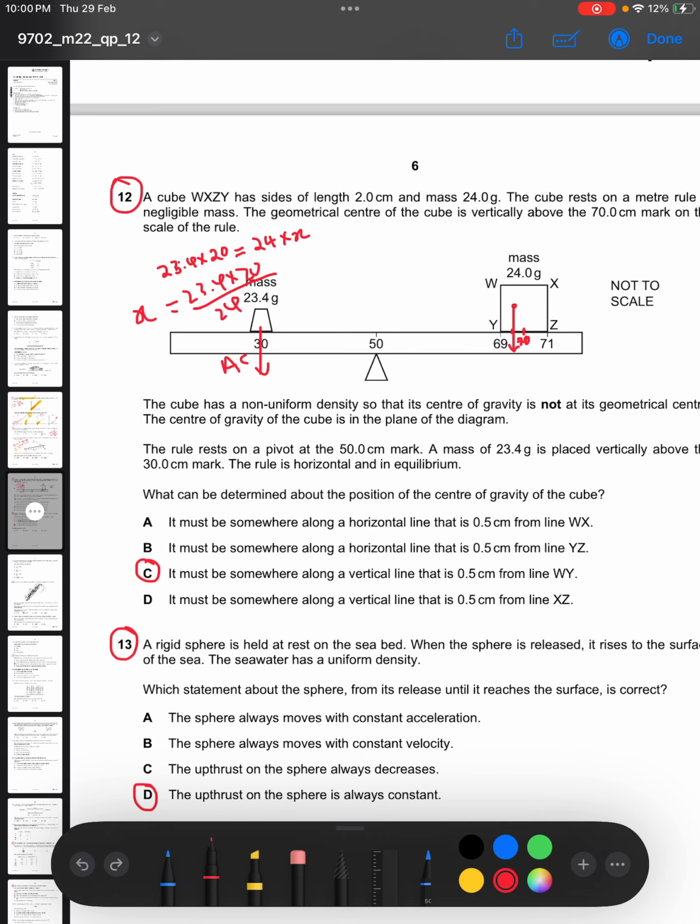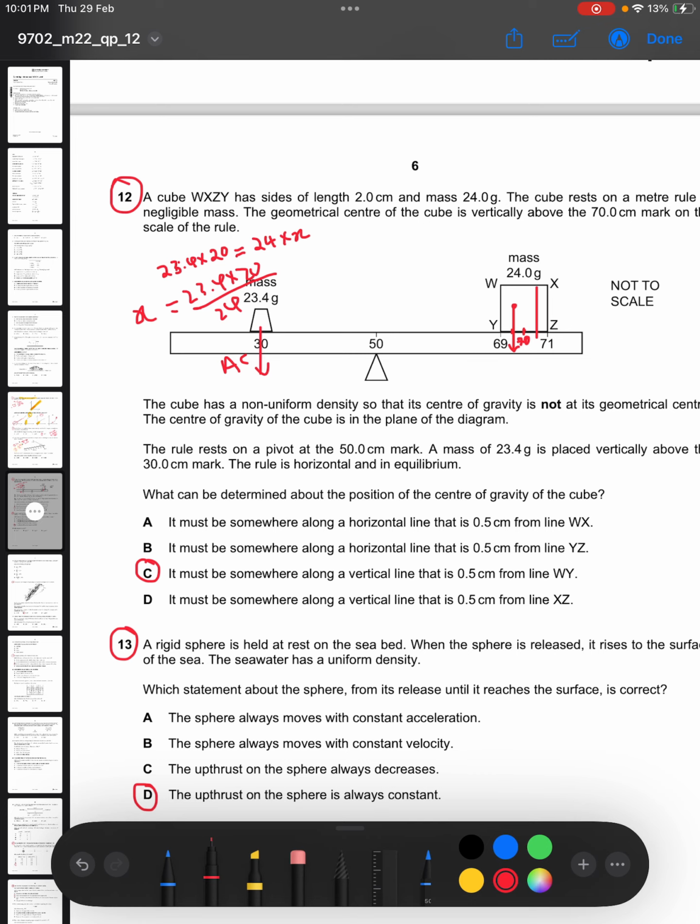Then the next one says, I will read D since I know that the answer is C. It must be somewhere along the vertical line 0.5 centimeters from XZ. So from XZ, 0.5 centimeters, then it will be somewhere along this line. It cannot work because then the distance from 50 will be more than 70 now. Why? We know that the size of this cube is 2 centimeters.